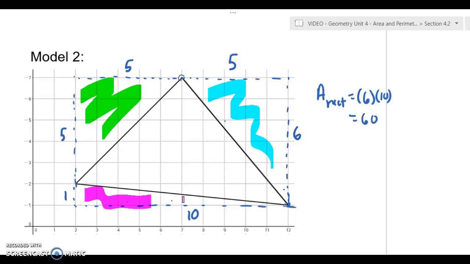I'm going to find the area of each one of those, and I'm going to take them away from the rectangle. So this triangle has an area of 1/2 of 5 times 5. I'm just going to go with a decimal here because it'll make it easier in the end. So we're going to call that 12.5 for that triangle. I do the same for the blue triangle.